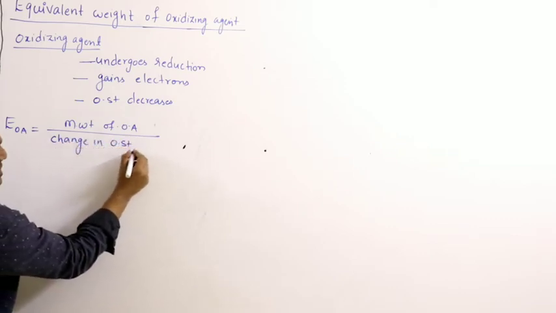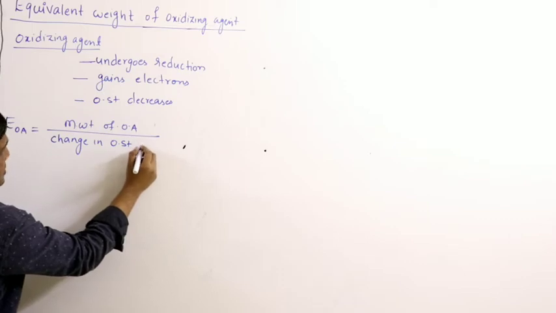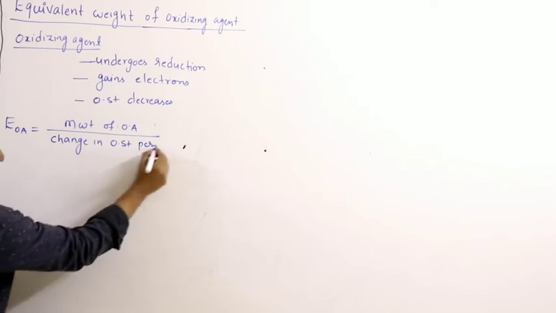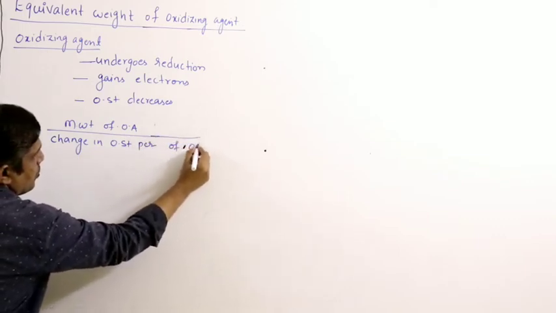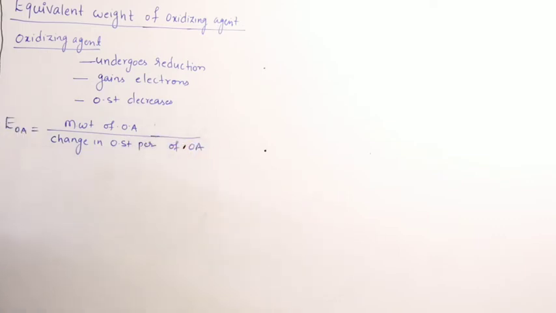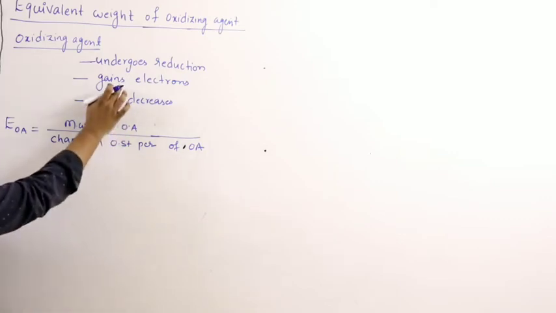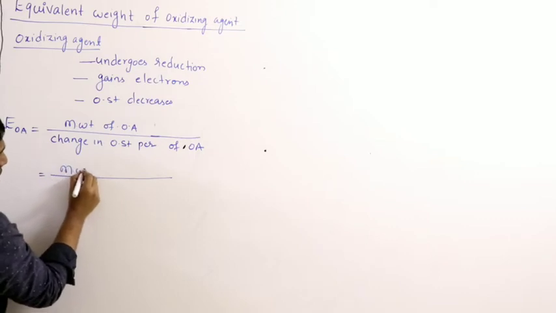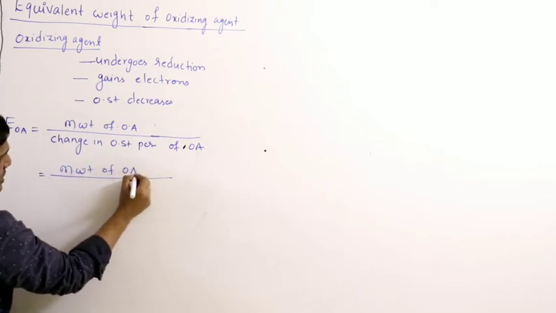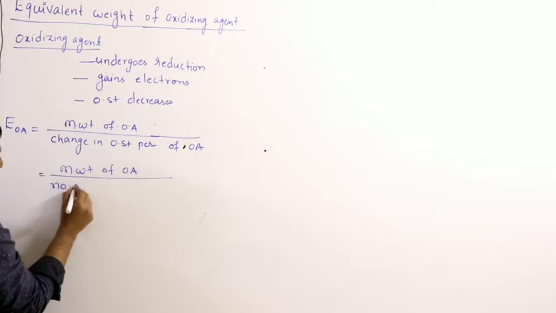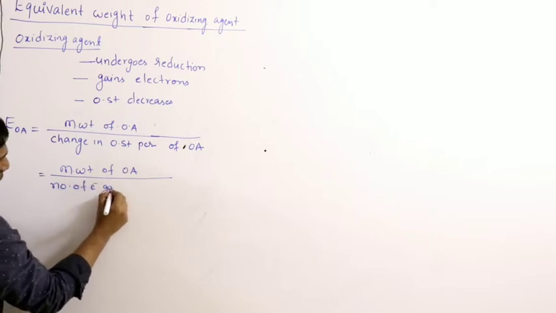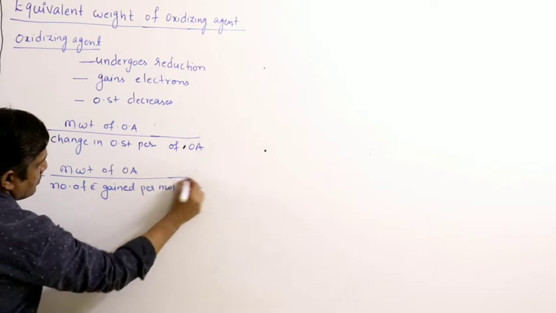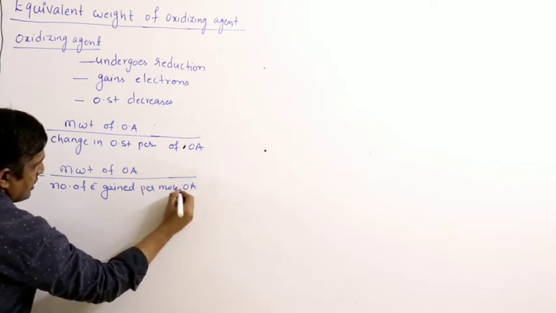Change in oxidation state of oxidizing agent per mole of oxidizing agent. So why does the oxidation state change? Because it gains electrons. So what can I write? Molecular weight of oxidizing agent by number of electrons gained per mole of oxidizing agent.